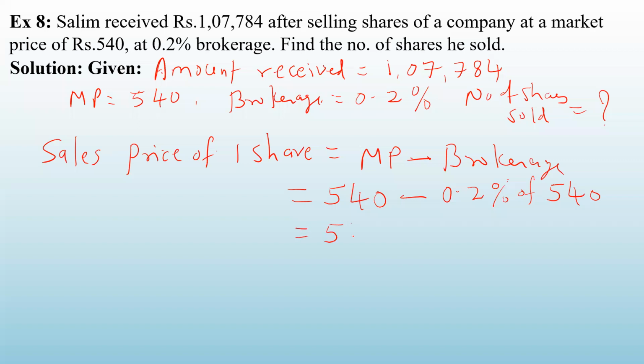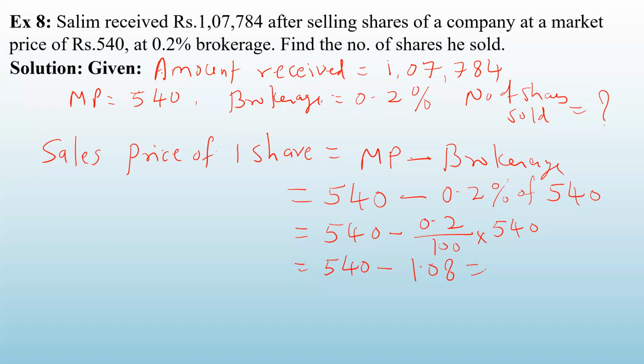This is equal to 540 minus 0.2 upon 100 into 540. Calculate this. It is 540 minus, find out what is 0.2% of 540. Use your calculator. You can do along with me. 0.2 into 540 divided by 100. So you will get 1.08.